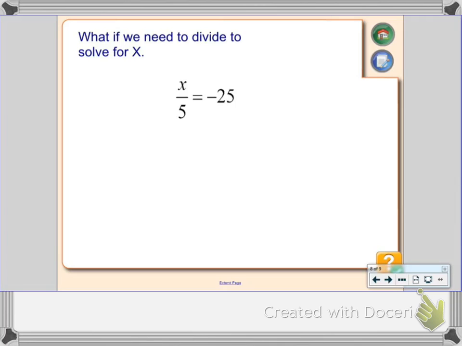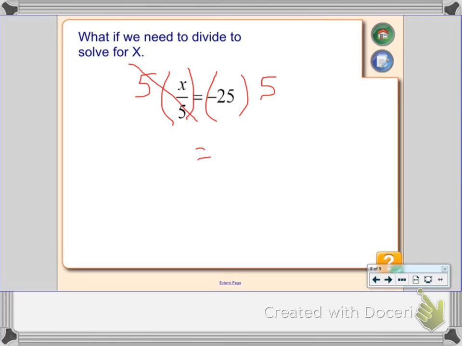Now I am going to show you a shorter way to do that. We have x divided by 5, so I know I'm going to have to multiply. I have to use the opposite operation, or the inverse operation. The opposite of dividing by 5 is multiplying by 5. Here I don't need to write out all of the 5 over 1 and all of the 1's.